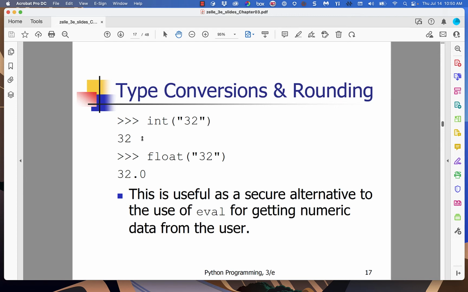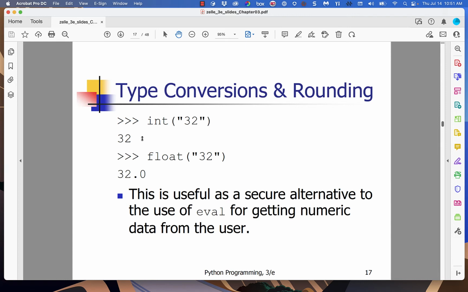But in the computer, strings are very different than ints. The good thing about a string 32 is that it's easily typed in by a user. The other good thing is it's easily printed out for a user to see.